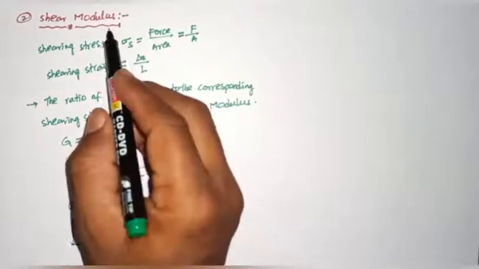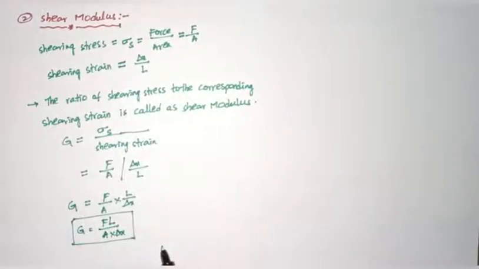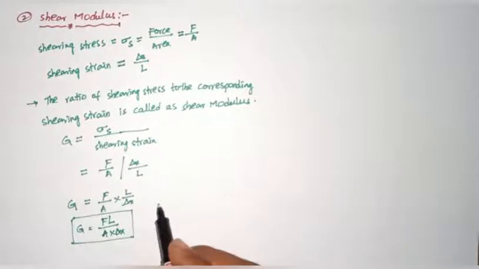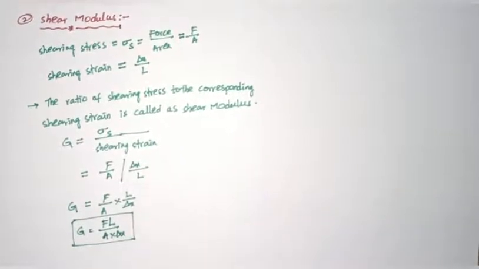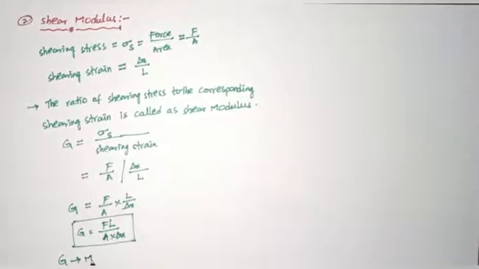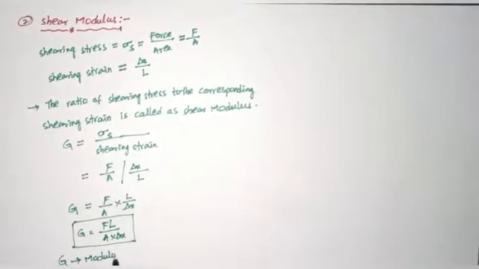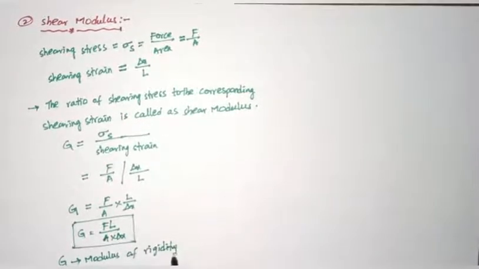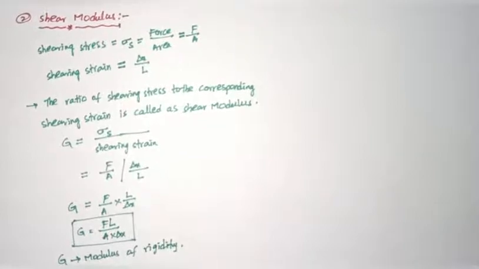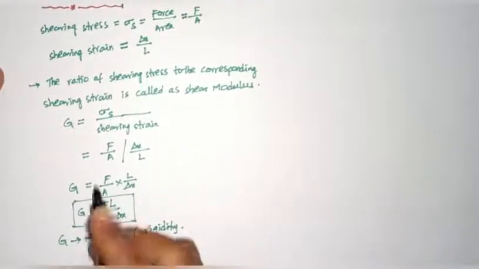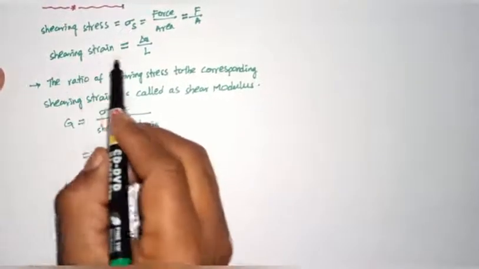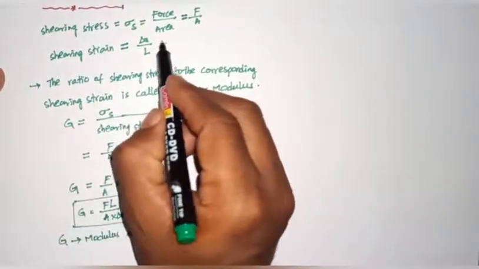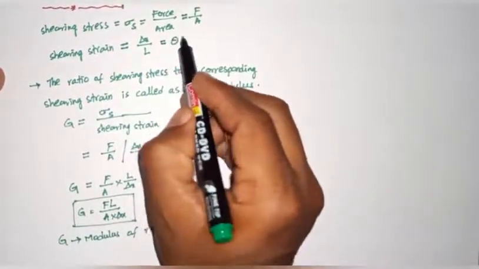It is also called the modulus of rigidity. So G is called the modulus of rigidity. From this equation, shearing strain is also taken as theta.